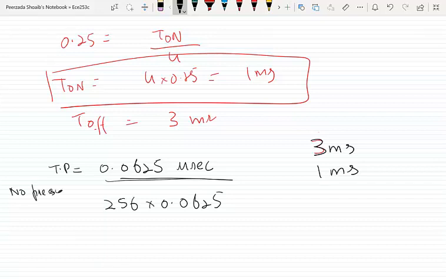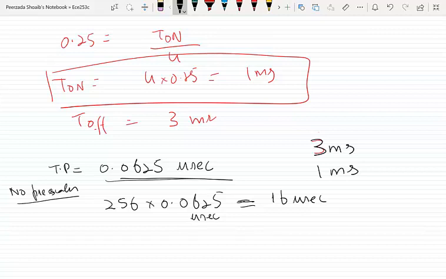I think we have calculated that earlier, but I will calculate it again. That is 16 microseconds. This is the maximum time delay. 16 microseconds.